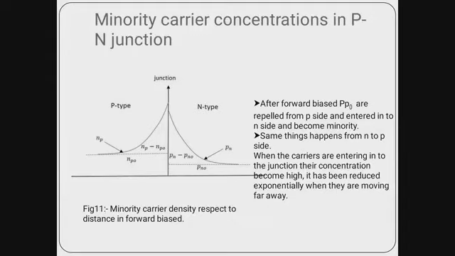For P-type, the majority carriers are holes under equilibrium conditions, which is denoted by P0. But in the case of N-type, the electrons are the majority, denoted by N0. P0 for P-type majority carrier holes under equilibrium, and N0 for N-type semiconductor under equilibrium condition.